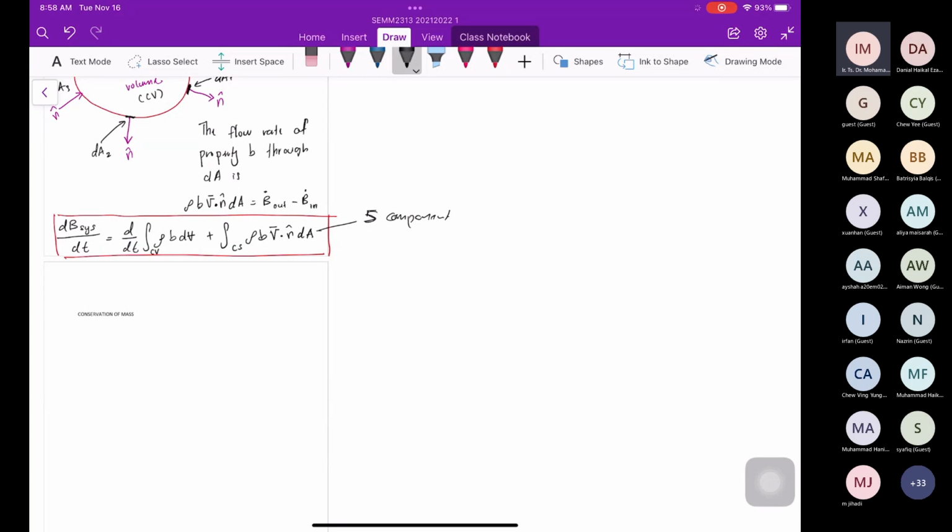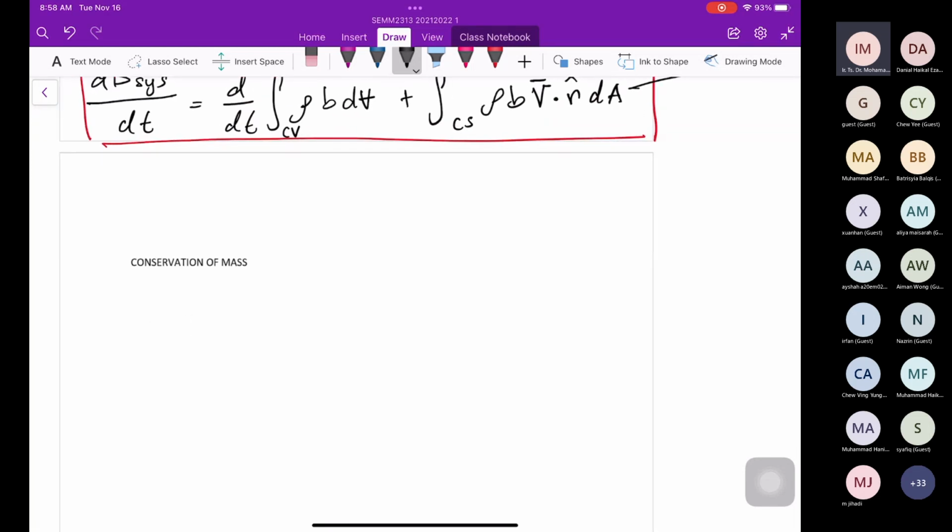Now, let's take a look if we consider the extensive property now becomes the mass. Okay, so let's say we deal with the conservation of mass. So our extensive property B equals mass.